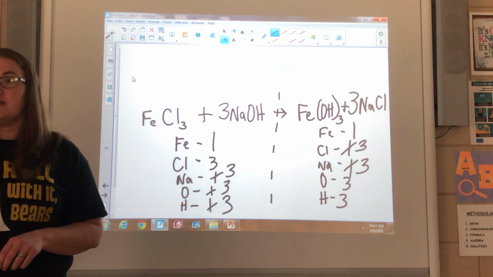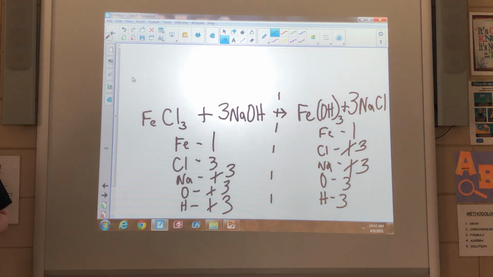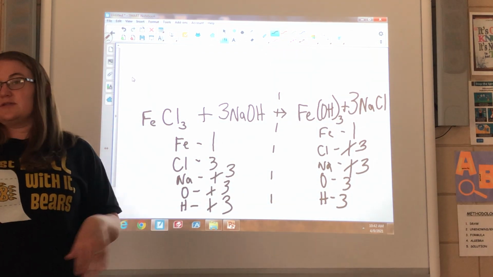All right, let's look at number 5. Now we're getting into some... That was all ionic bonding. Now we're going to get into a problem with some of this covalent bonding.